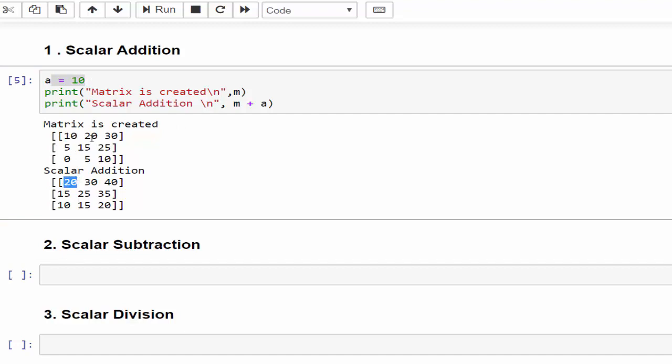Output is 20. 10 plus 20, 30. 10 plus 30, 40. Similarly for all other rows. 10 plus 10, 20. This is how scalar addition is performed. Whenever you add any scalar value, it will be added to each element in the matrix.